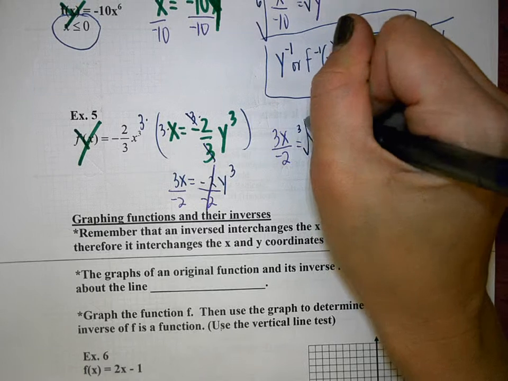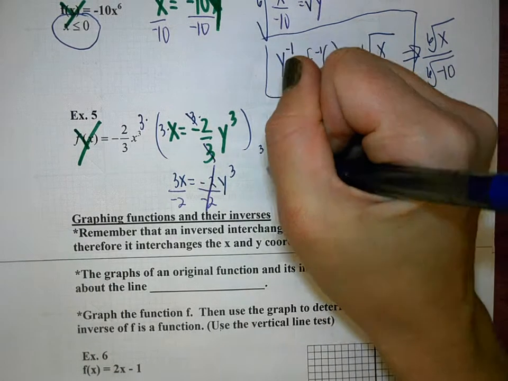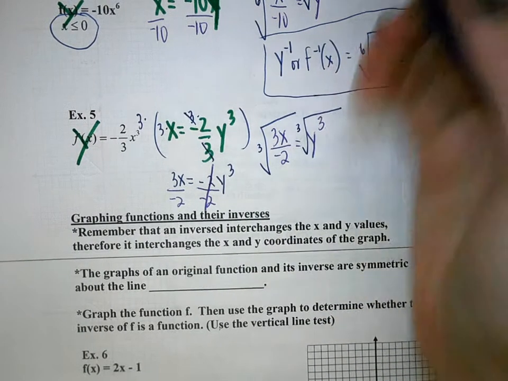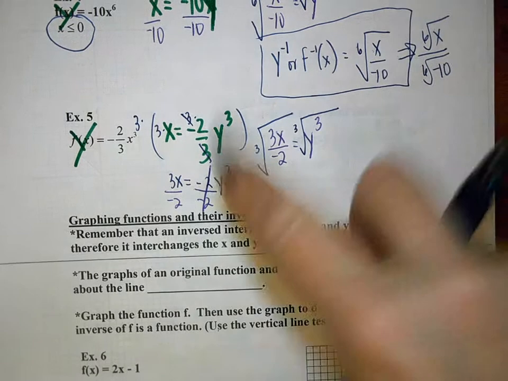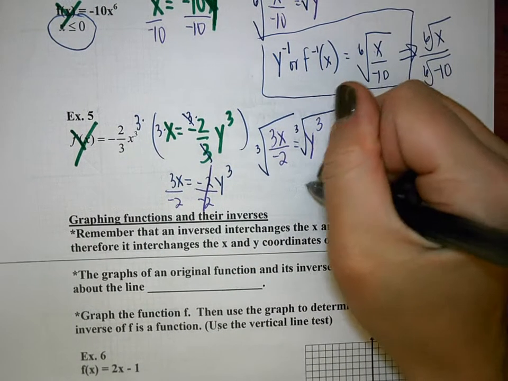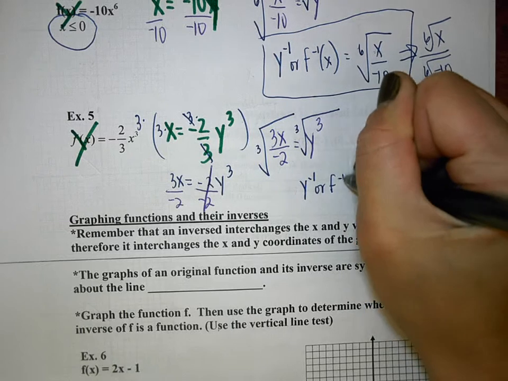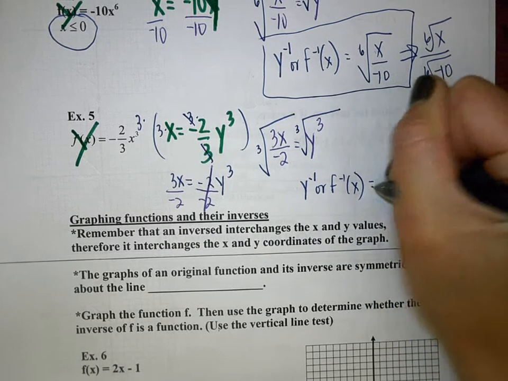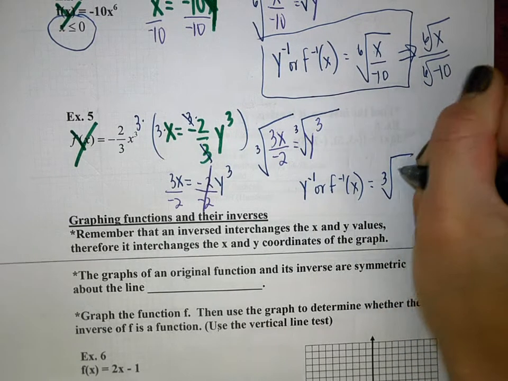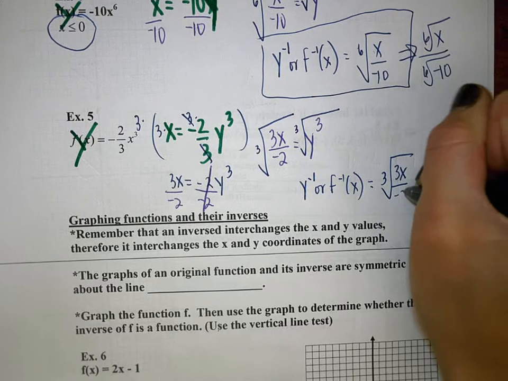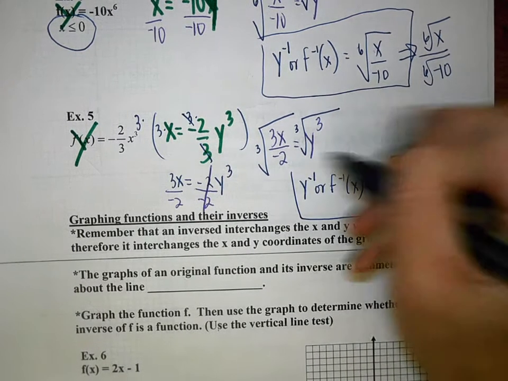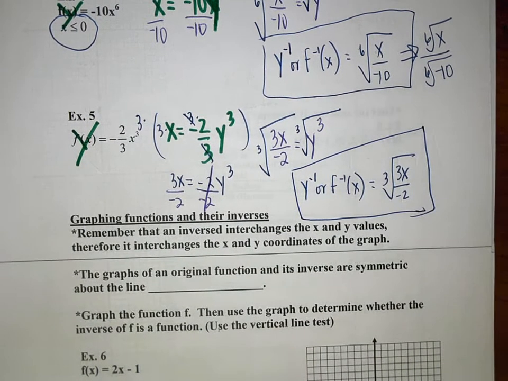So we take the cube root of y cubed, whatever we do to one side, we do to the other. And for these problems again, we're going to just leave them like this. So I end up with y to the negative 1, or we really should write it as f to the negative 1 of x, equals the cube root of 3x over negative 2. And that's your answer.